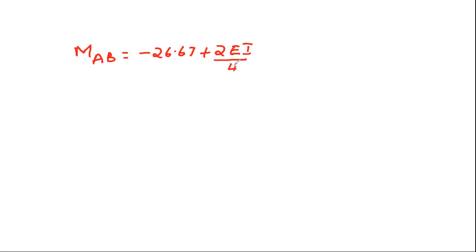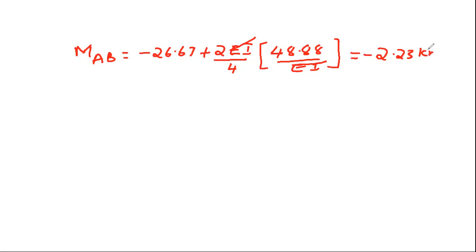So 2EI by 4 meters times 2 theta A, theta A is 0, plus theta B. Theta B is how much? 48.88 by EI, minus 3 delta by L, delta is 0. After solving this, this EI and this EI will get cancelled, so you will be getting minus 2.23 kilonewton meter. So this is the first final moment.